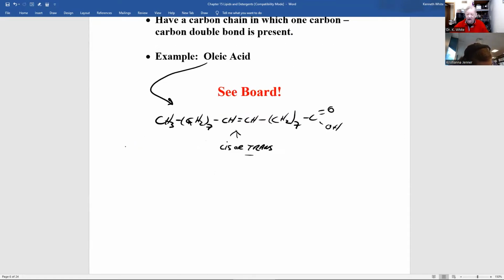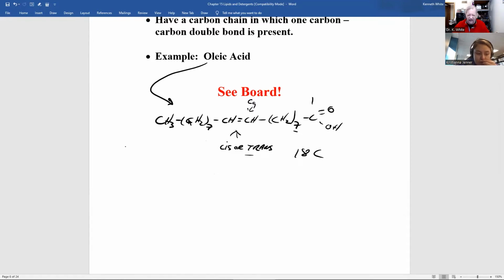Oleic acid also has 18 carbons, but it has a double bond. Notice that this is carbon 1 plus 8 more carbons. This is at C9, carbon 9, and that's oleic acid.